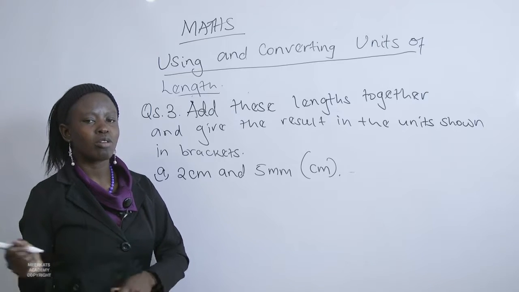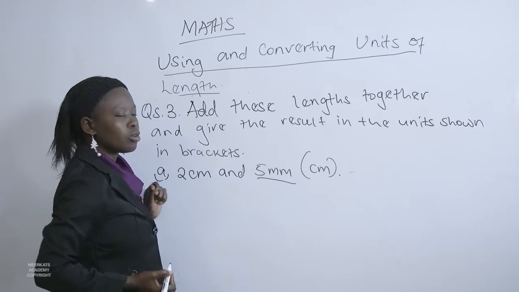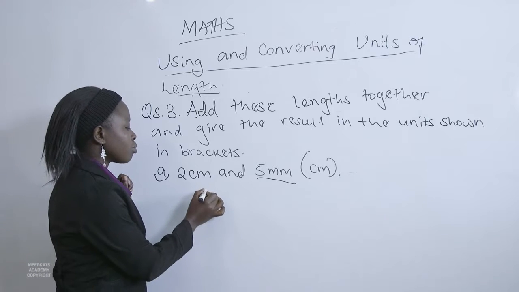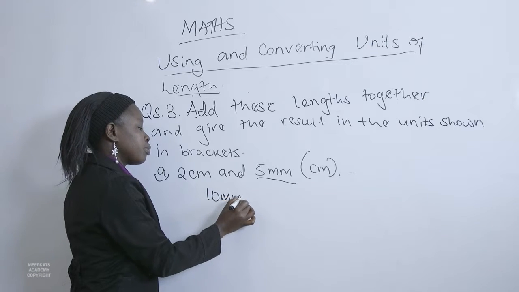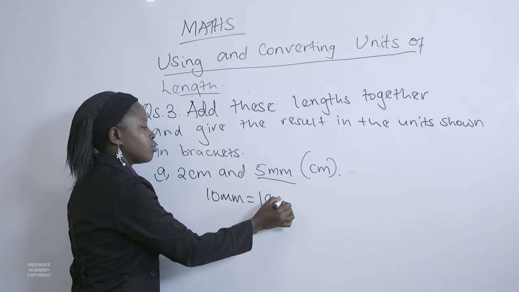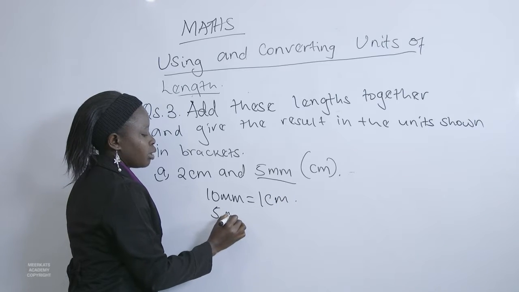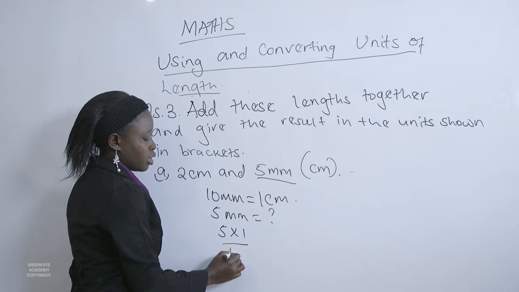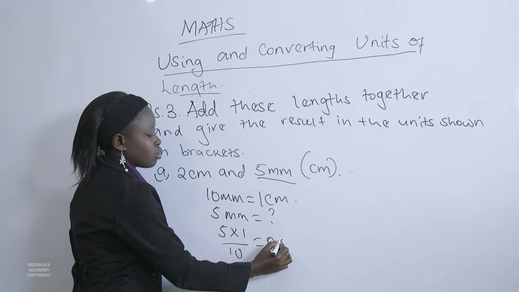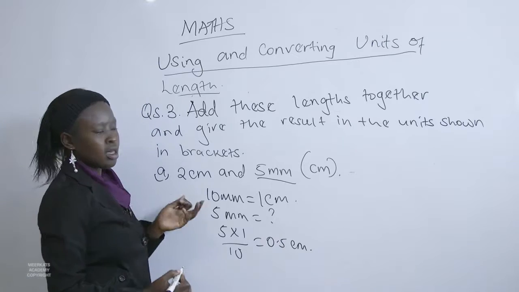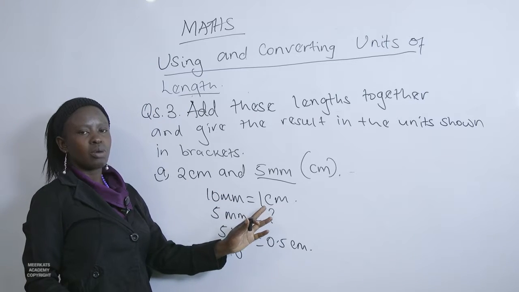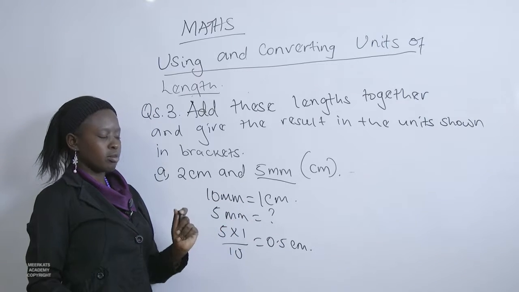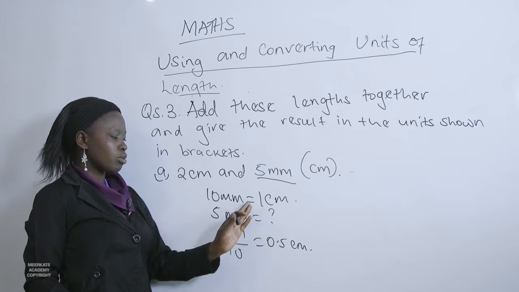So I'm converting the 5 millimeters to centimeters. This means 10 millimeters is equal to 1 centimeter. What about 5 millimeters? We cross multiply.